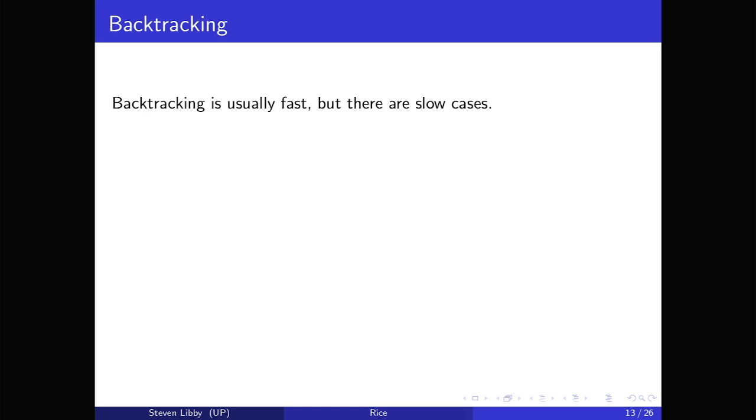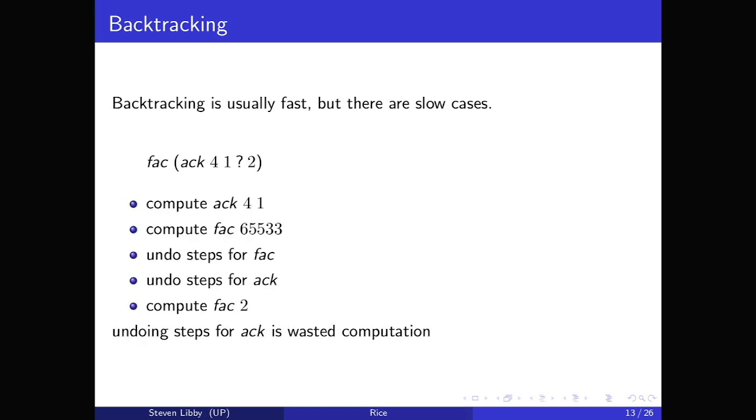OK, so two major problems. Backtracking is usually pretty fast, but there are some cases where it's slow. Big example of this: I have factorial of this very long computation, Ackermann function of 4(1), very long computation, or 2. So I compute Ackermann, I compute factorial of this giant number, I undo the steps of fact.